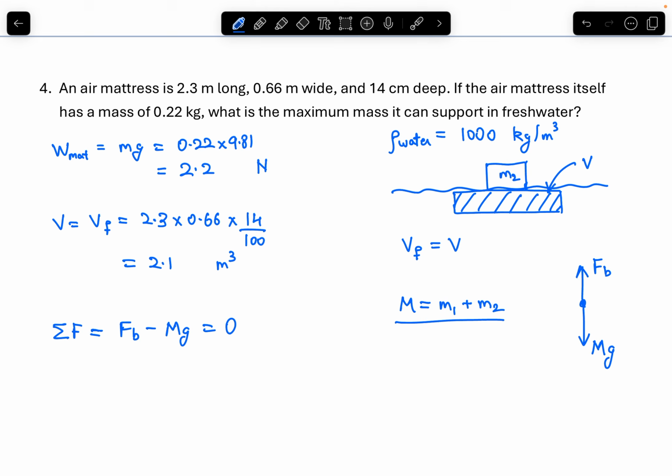So let's solve for this. We know that the buoyant force is equal to rho g Vf, which is the displaced volume, and we know that capital M is M1 plus M2 times g.